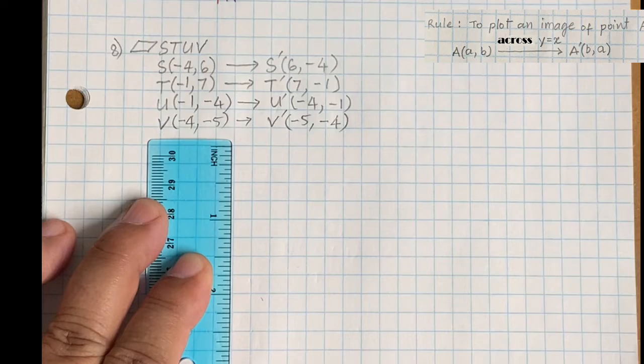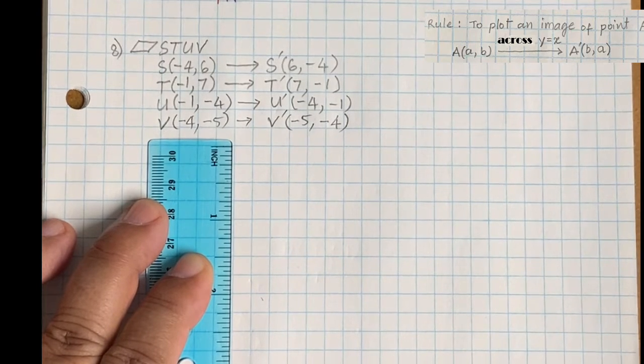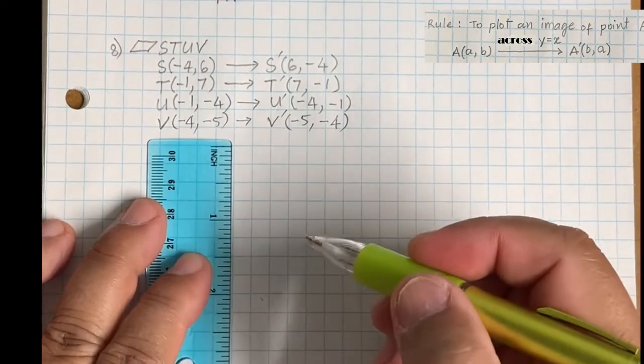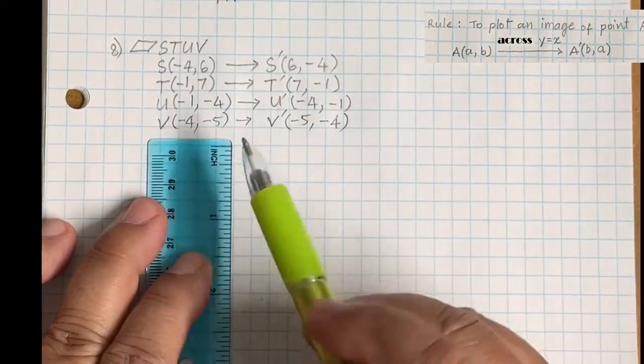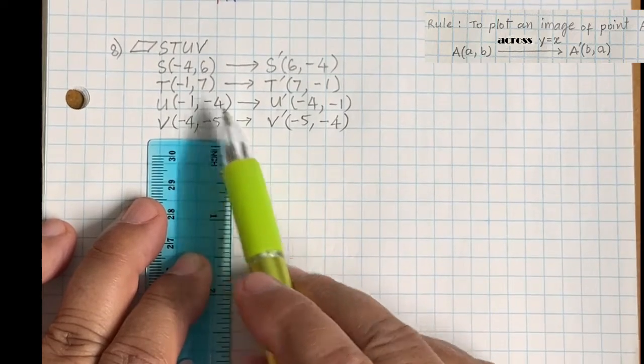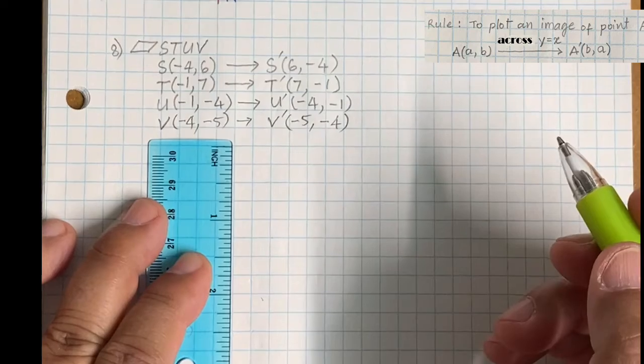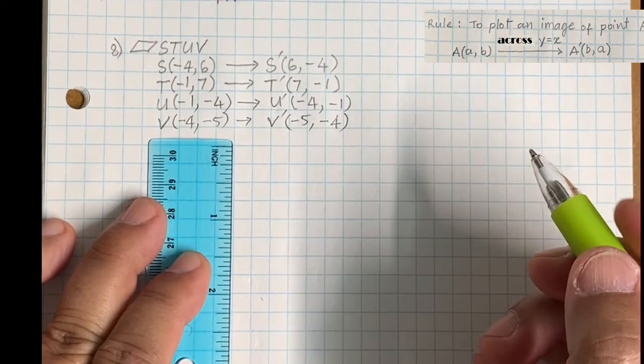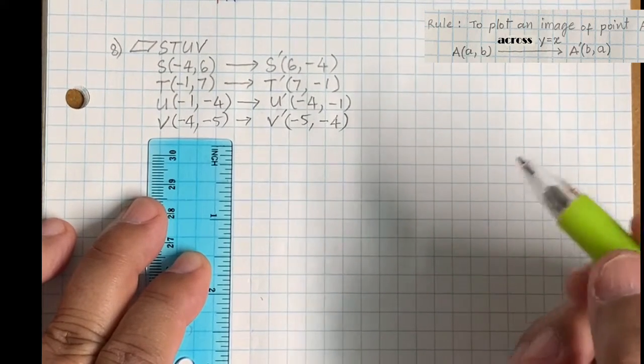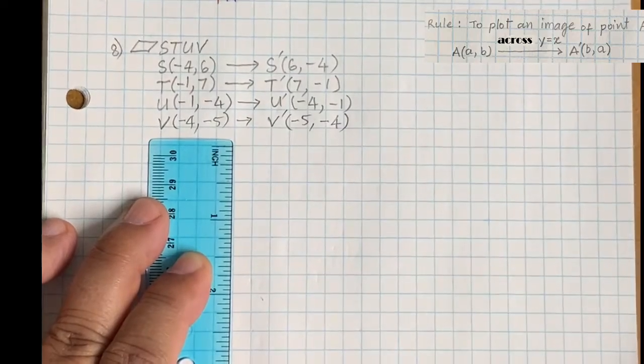You know what? I am going to use 2 units for each square, because I can see the 7 here and the negative 5, negative 4 there, so I don't want to draw a big figure.